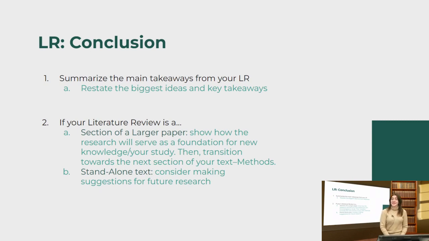Then work on transitioning into that method section the same way you transition into any section. Provide the roadmap for what's ahead, note to the reader that you're moving towards methods, etc. If it's a standalone text, consider making suggestions for future research, meaning this is what we identified, here's what I think going forward someone could do.